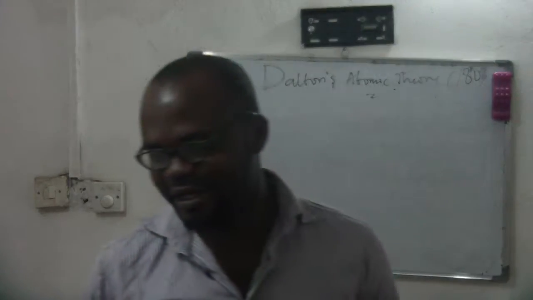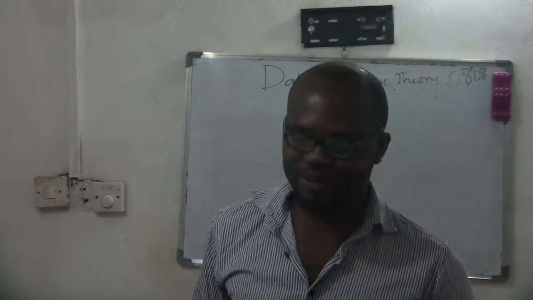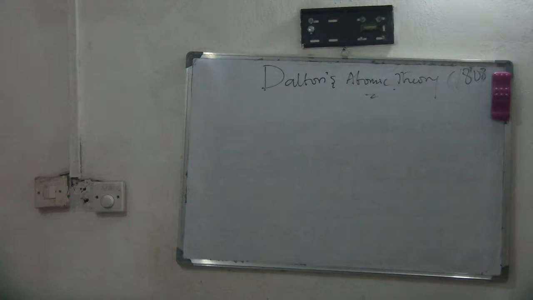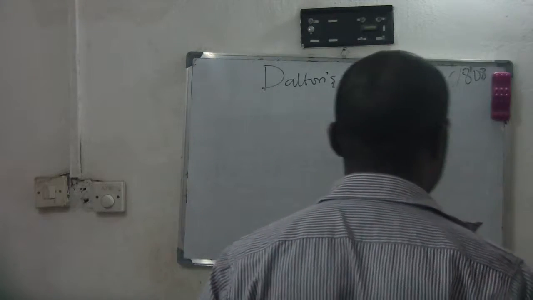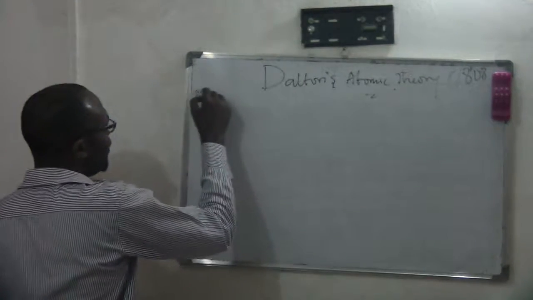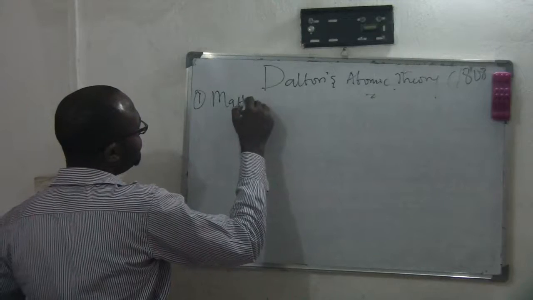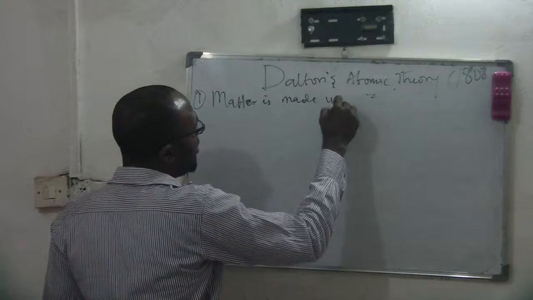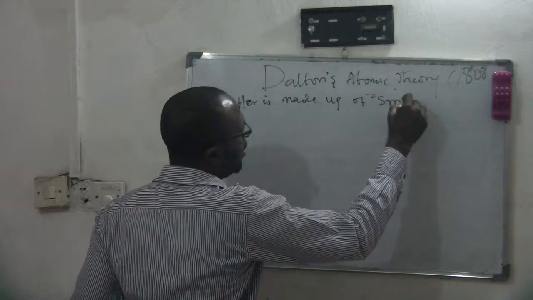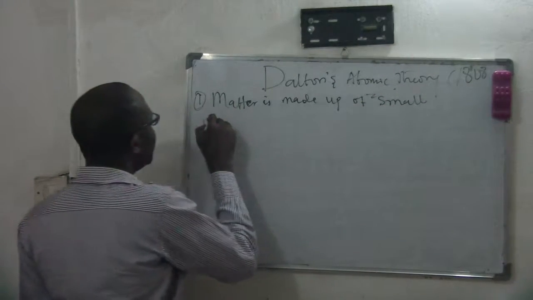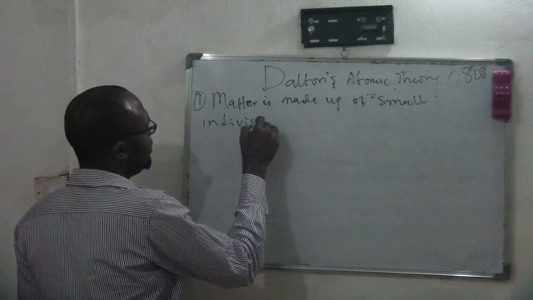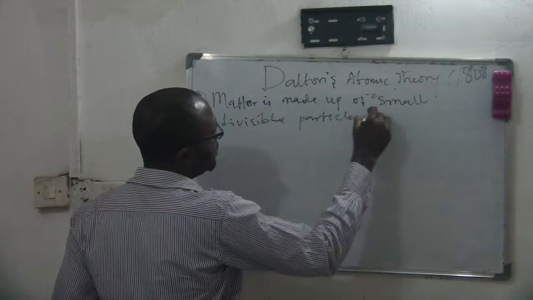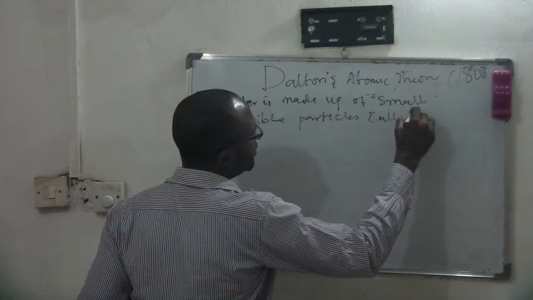And what are the contents of his proposal? He said that matter is made up of small indivisible particles called atoms. He said number one that what? Matter is made up of small indivisible particles called what?